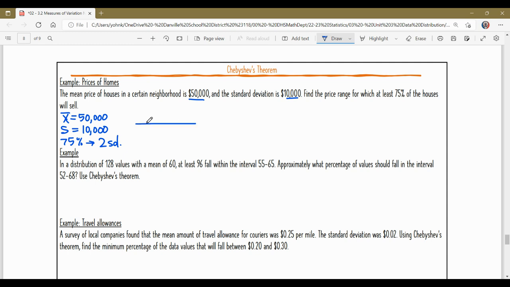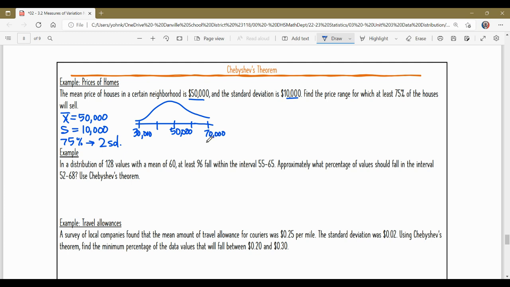So if I look at a picture and I put 50,000 in the center, 1 standard deviation would be 60,000, 2 standard deviations would be 70,000 to the right. Subtract a standard deviation, you get 40,000. Subtract another standard deviation, you get 30,000. So it should be between 30,000 and 70,000.